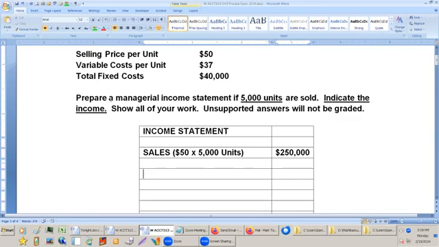Money going out, we have our variable costs. And the variable costs are right down below here. $37 times 5,000 units.